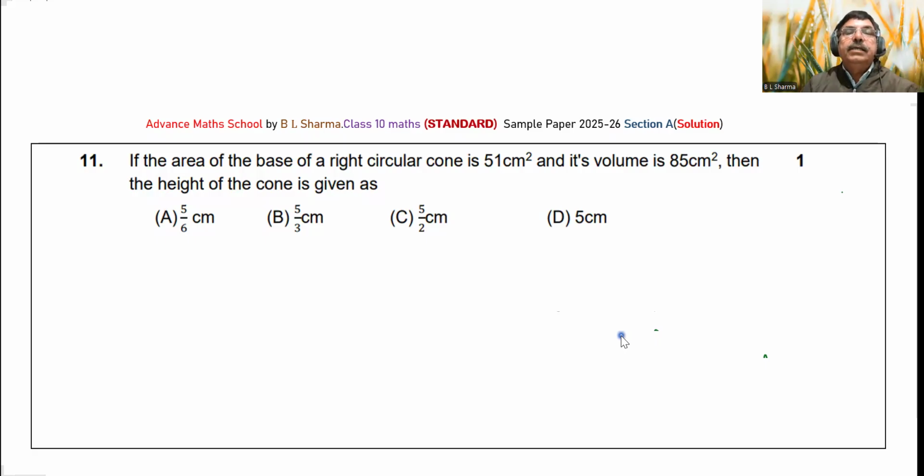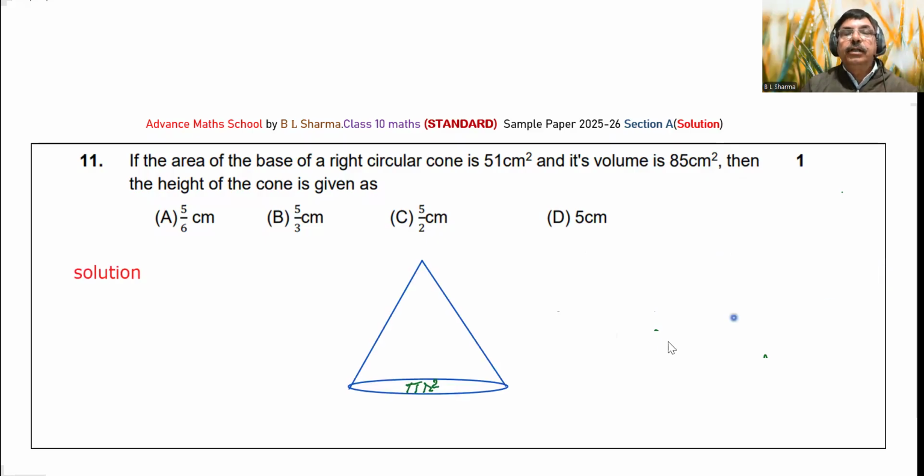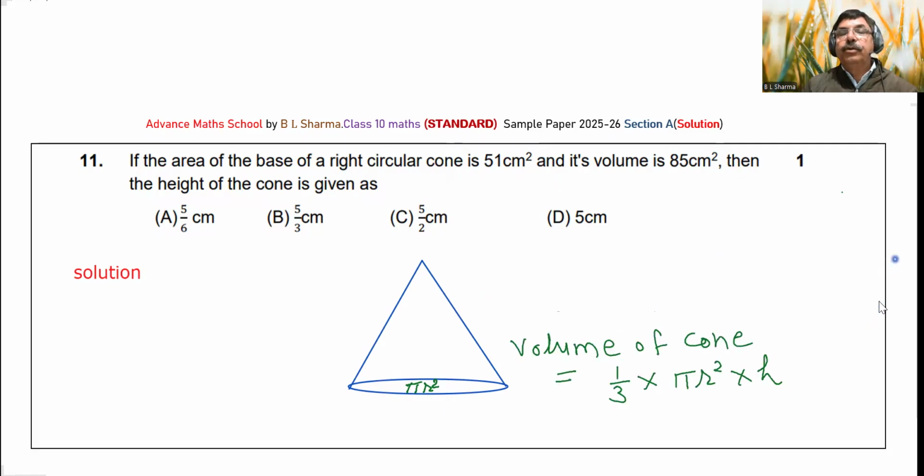The area of the base of a right circular cone is given 51 centimeter square and its volume is 85 centimeter cube. Then the height of the cone is given by? See, this is a cone. Area of base of a cone is pi r square. So pi r square is given 51 centimeter square. And we know volume of cone is given by 1 by 3 into pi r square into h. In place of pi r square, you can write 51, and in place of the volume, you can write 85.